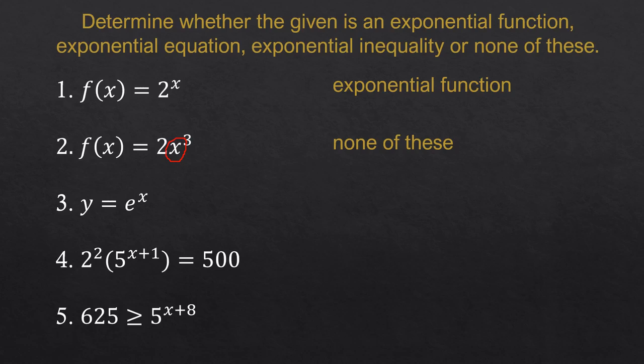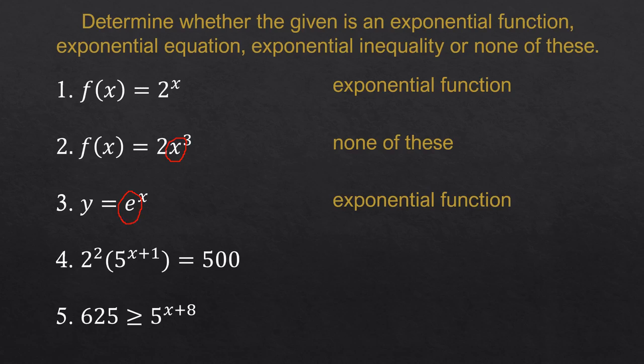Next, number 3, we have y equals e to the x power. Well, we can classify this as exponential function. This variable e on the left side is known as Euler's number.